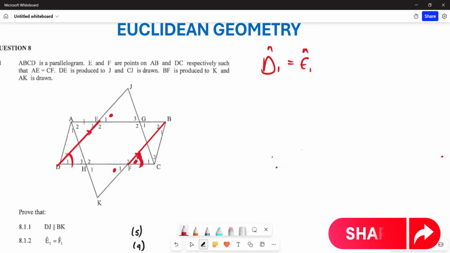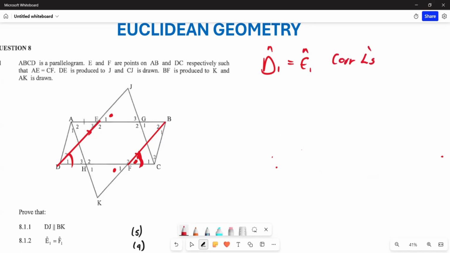This is because of corresponding angles, right? Remember, I've proven that your side DJ is parallel to your side BK, so I can use those parallel lines here. Again, my angle D1 also alternates with my angle F1.